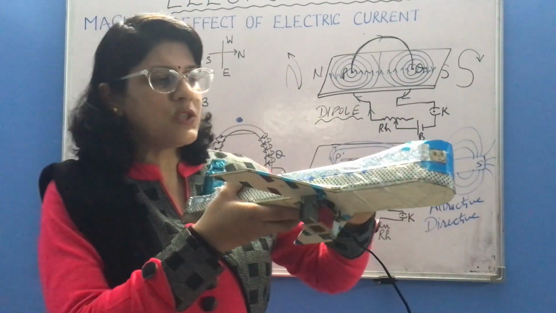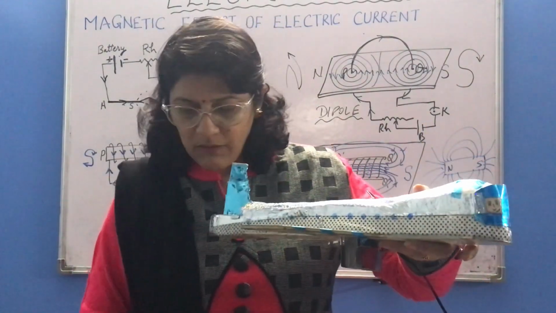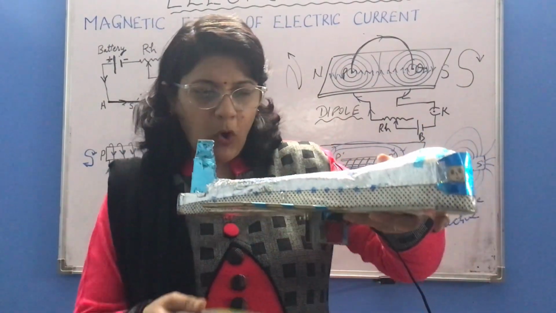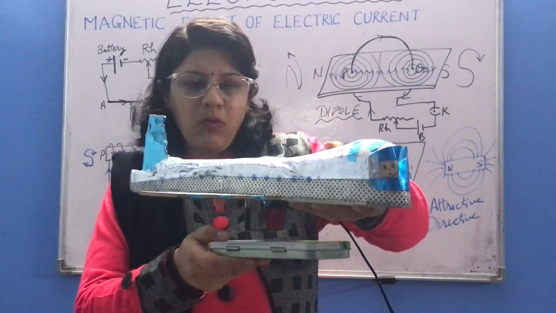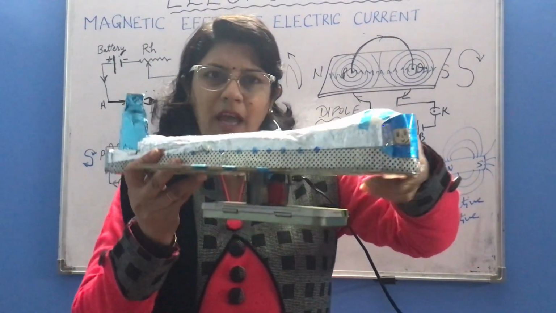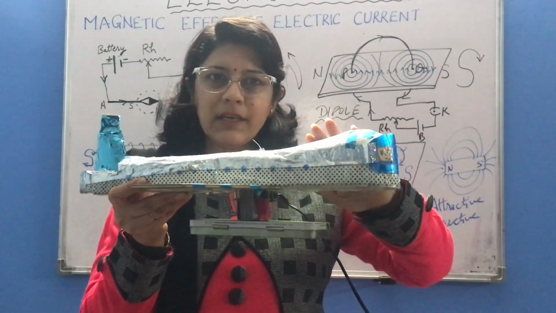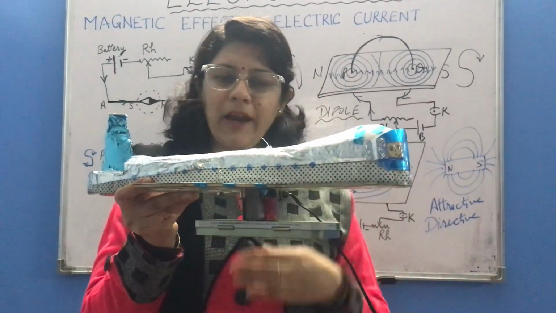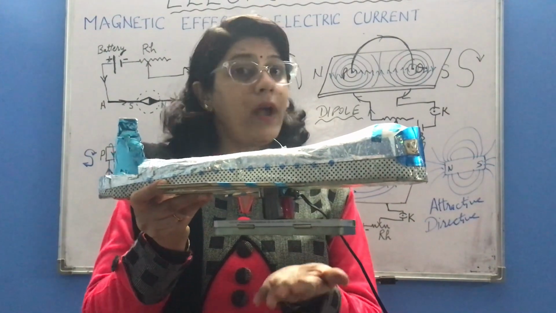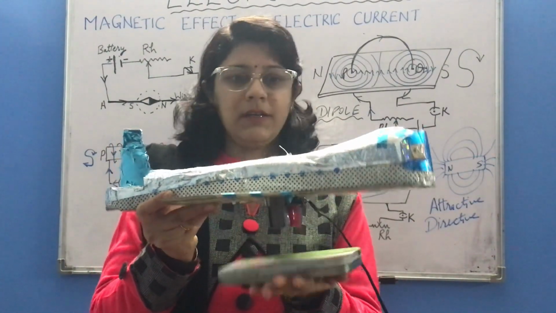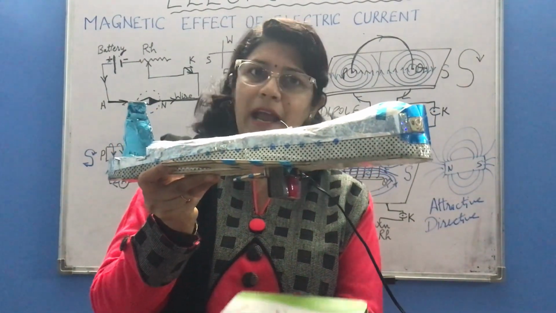So, as soon as I switch on the current, it will hold a powerful object like this. As you can see, it can hold it. It means whenever current is here, it gets magnetized and holds magnetic objects. Now, as soon as I switch off the current, it gets demagnetized and the object falls down automatically.